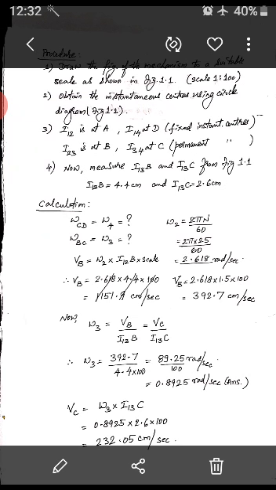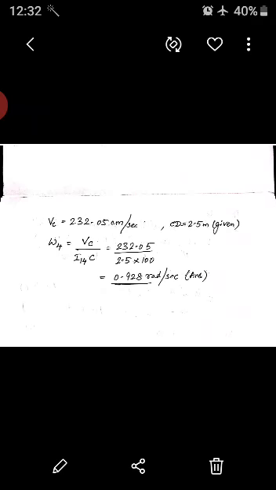Always I have measured the dimension and multiplied with scale. You should not forget the scale, because most of the time the figure will not be 1:1. It will be 1:2, 1:10, 1:100, something like that. So I have multiplied with 100. Okay, Vc is ready. Now go to the next slide.